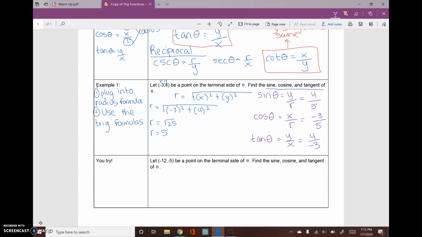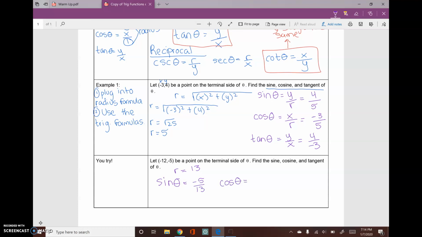All right, I'm going to begin with the radius. You should have gotten 13. If you didn't, check your signs. Maybe you didn't put parentheses when you took the power of 2. And now, finding the sine, you should have -5 over 13.